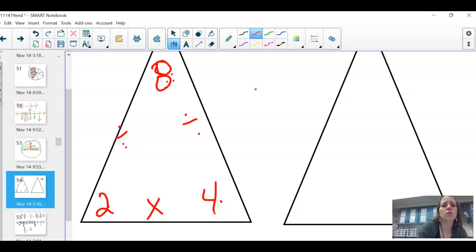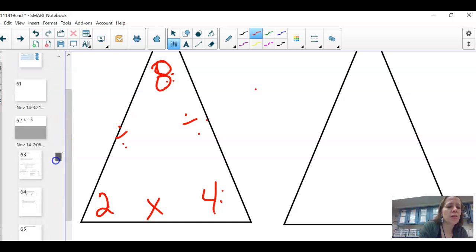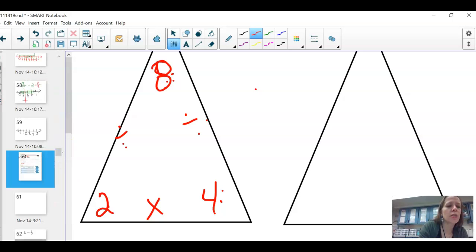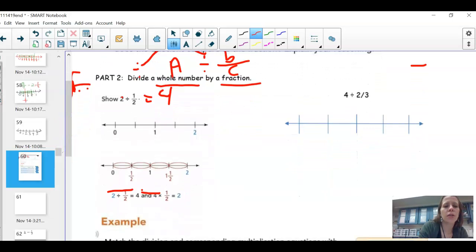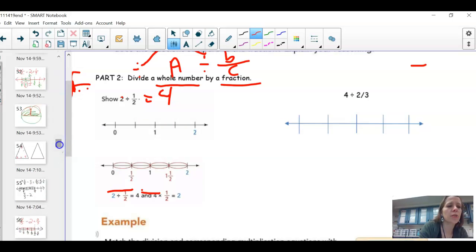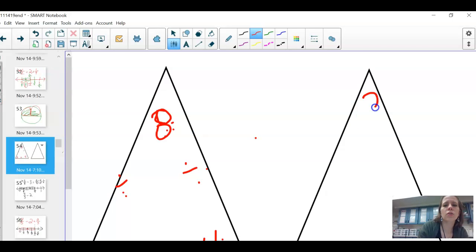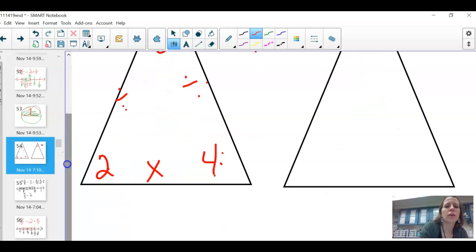Or 8 entre 4 es igual a 2. 8 divided by 4 equals 2. Esta es la misma cosa por fracciones. Y entonces, si yo quiero buscar mi problema, 2 entre 1/2 es igual a 4, yo voy a usar esto. 2 entre 1/2 es igual a 4.